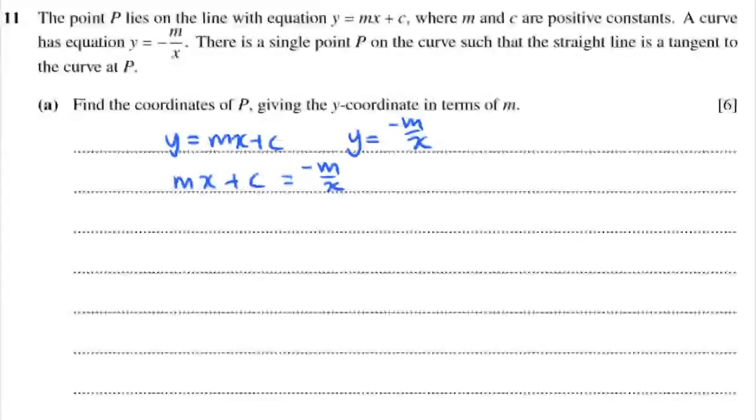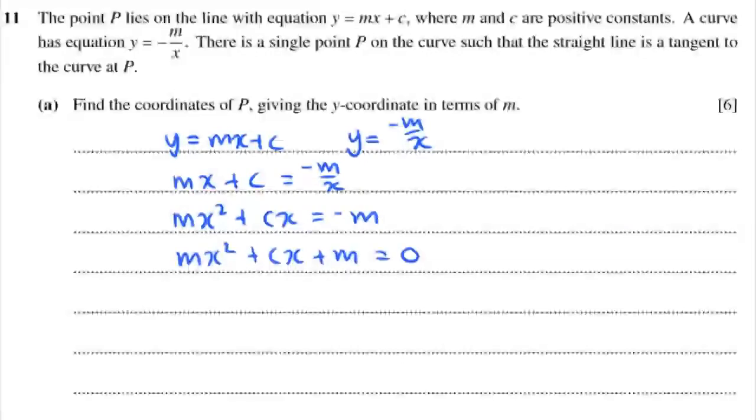Okay, we're looking for where this has only one solution for x. And of course, it's a quadratic. Let's multiply both sides by x. And we get mx squared plus cx is equal to negative m. Or in other words, mx squared plus cx plus m equals 0.